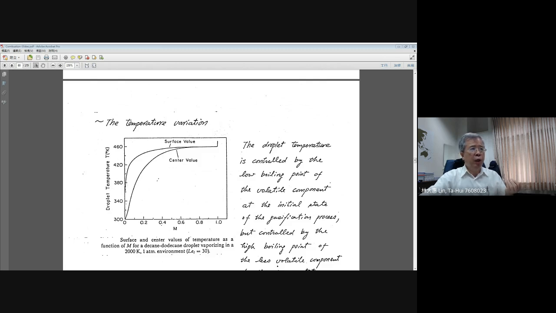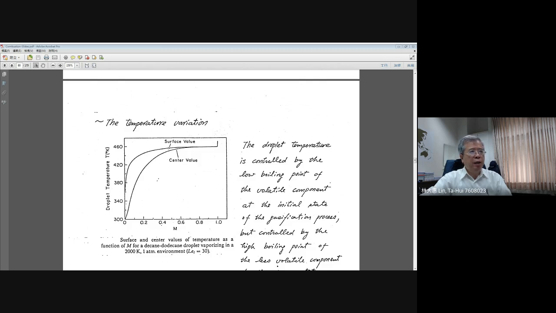But when they reach around 447 here, they will continue to increase, because in the intermediate period they are limited by the higher boiling point, which means there's a 489 K boiling point for the thicken. But in this period, you will find initially there is a big difference between the temperature on the surface and at the center. But that difference will reduce when they move to around 0.5, the middle time of the droplet life.